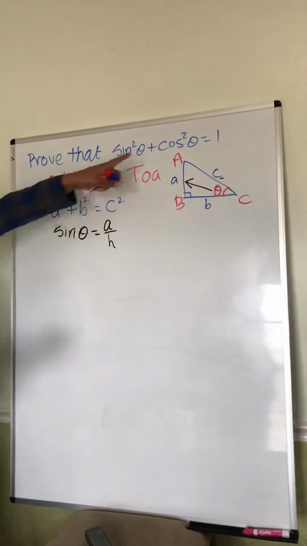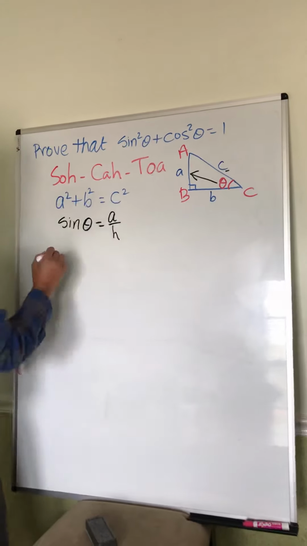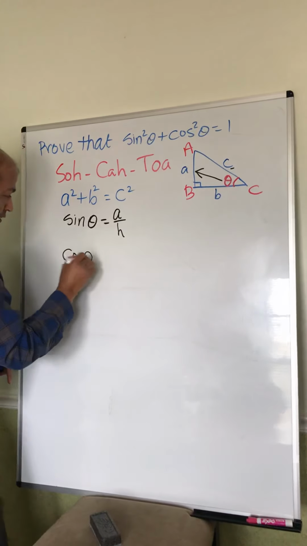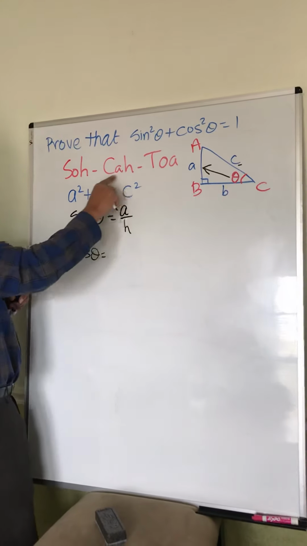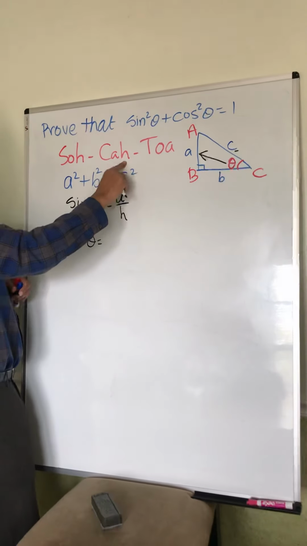We do the same for cosine theta. Cosine is adjacent over hypotenuse.